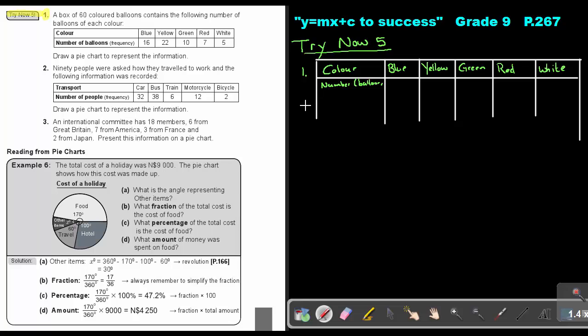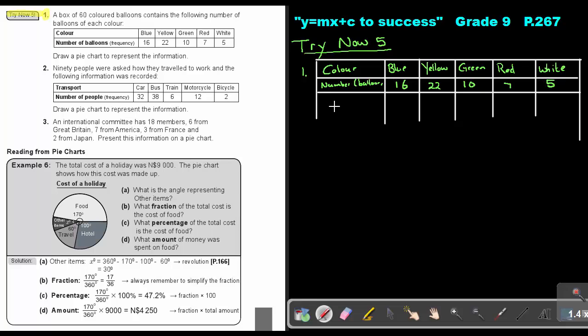Now I'm going to draw a line to end that, because the calculation will take a bit of space. Blue was 16, then 22, then 10, then 7, and then 5.